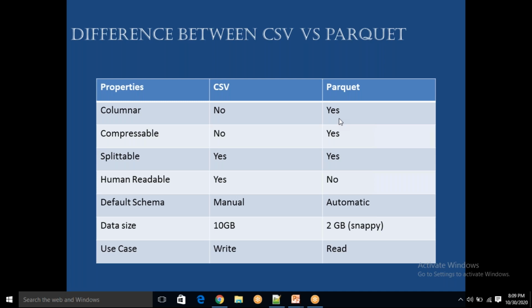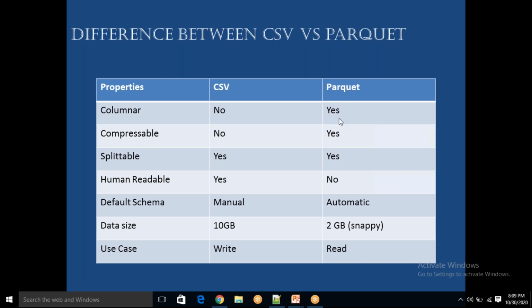Don't worry. Next, compressible. Remember, if you look at the CSV file, you are able to read it, and a CSV file is not compressed. A CSV file is not a compressed file, friends. So as CSV is not compressed, it will look like a huge size, even though you have small data.